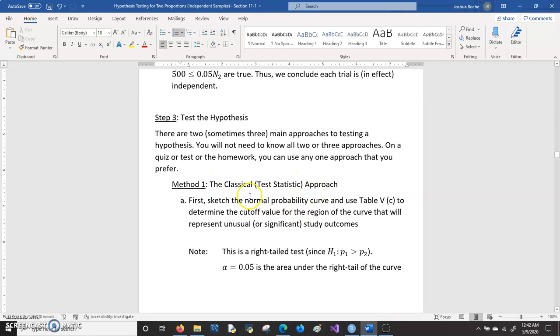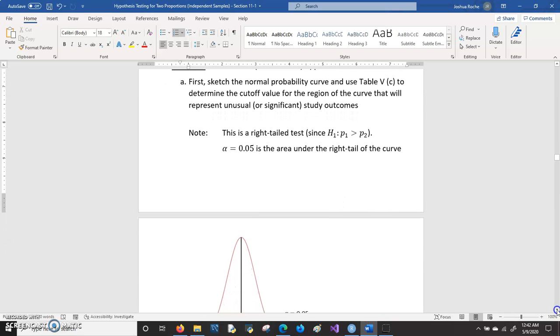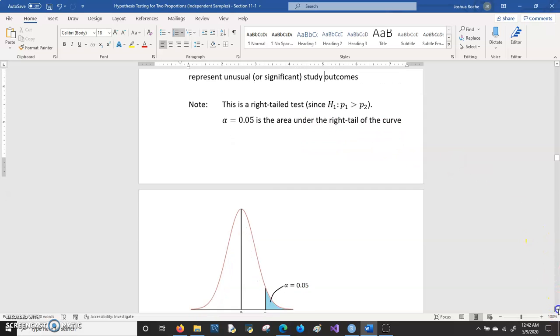The first thing that you want to do is sketch out a normal probability curve, and then use table 5C to find the cutoff value for the region of that curve that represents unusual study outcomes. We'll want to make a note that this is a right-tailed test because of our alternative hypothesis. The alpha is 0.05, that's the area under the right tail.